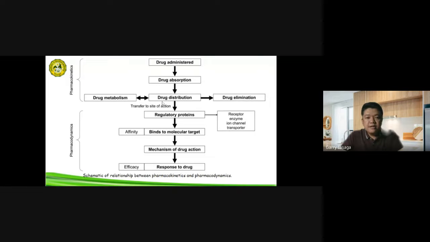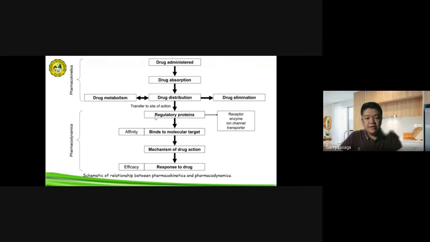When the drug is present in the blood, it will be distributed to different tissues in the body. It will be distributed to different fluid compartments, such as the intracellular fluid and the extracellular fluid. When it is present in these compartments, it can act or be acted upon by different regulatory proteins.